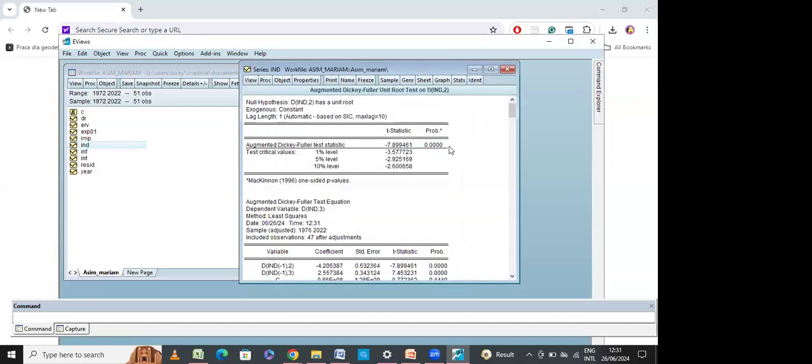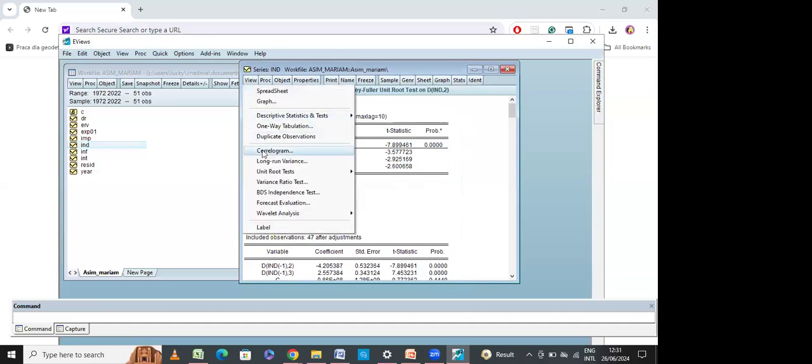So we can see this time series is not stationary at level, not even at first difference, and it becomes stationary at second difference. Here we can see, even from the graph.